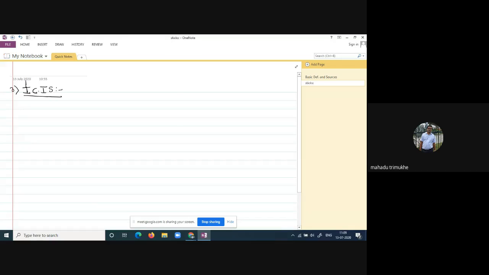In that, your current source is a current source whose magnitude and direction are controlled by the magnitude and direction of some other current in the present network. That is called a current controlled current source. It means your main source is a current source, but that current source is controlled by another current.